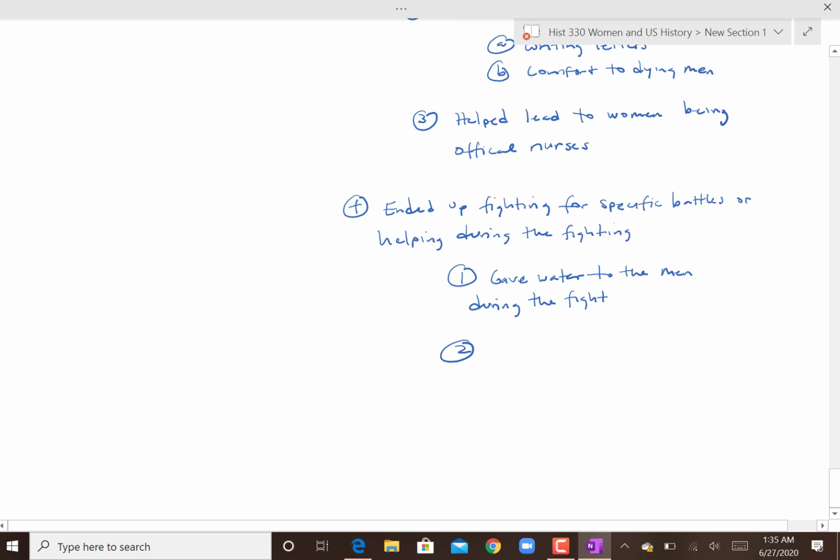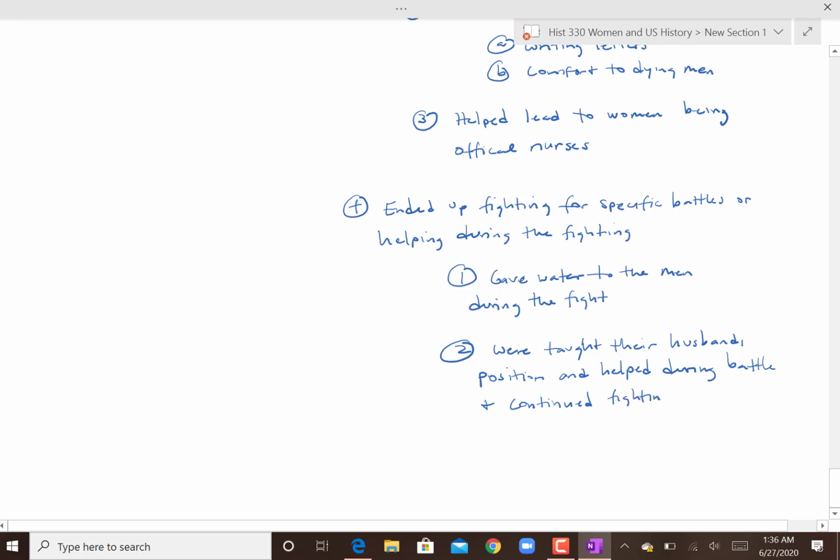Other women were taught their husband's position, and not only helped during battle, but even continued fighting if their husband fell.